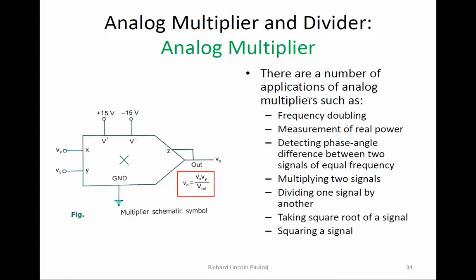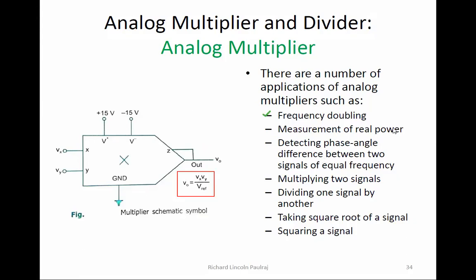Fine. So there are a number of applications of analog multipliers, such as frequency doubling. So suppose I'm operating at 5 kilohertz, and then I want to double my frequency, then I am free to use this circuit. This is also a part of op-amp, and it will help me in frequency doubling. It's going to enhance my frequency. Next, measurement of real power.